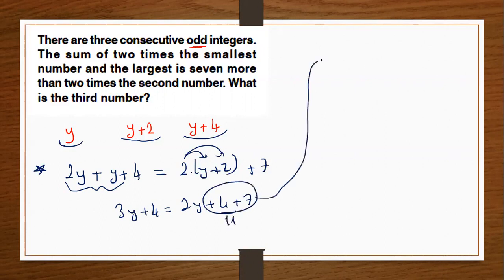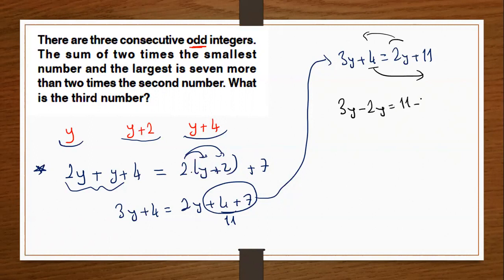I will get 3y plus 4 equals 2y plus 11. So I will choose one side for unknown, one side for the other numbers. Let me choose this side for unknown and this side for the other numbers, which is going to be 3y minus 2y equals 11 minus 4. From this, I will get y equals 7.